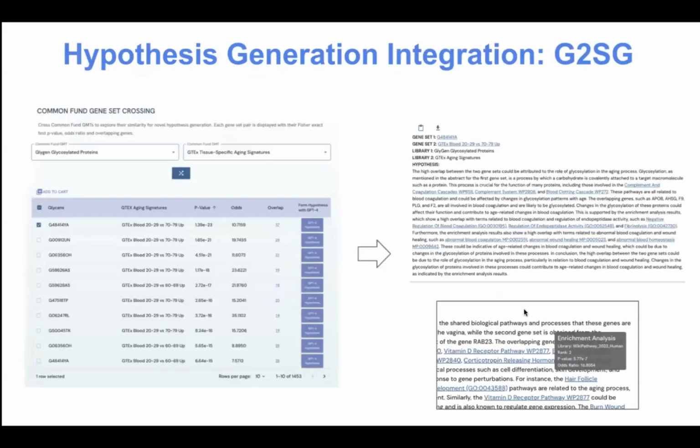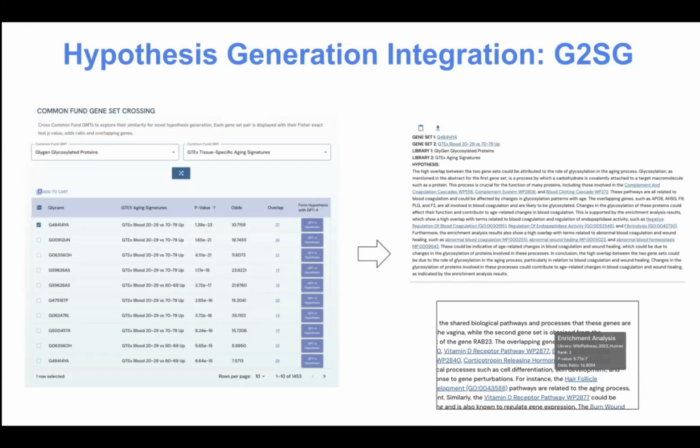This is something that we've implemented on a couple different sites. One of these is G2SG, or the Gene Set to Go site. One of the features it has is this Common Fund gene set crossing. We talked about the Common Fund before, and we've created various gene sets from different DCCs. One of the features is that you can cross them and look for these significant overlaps.